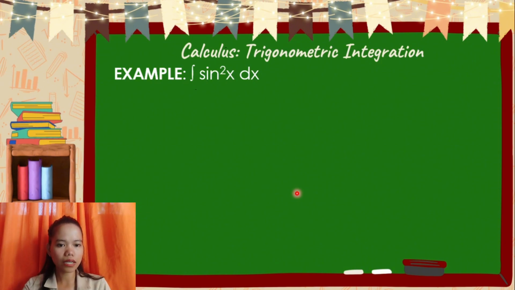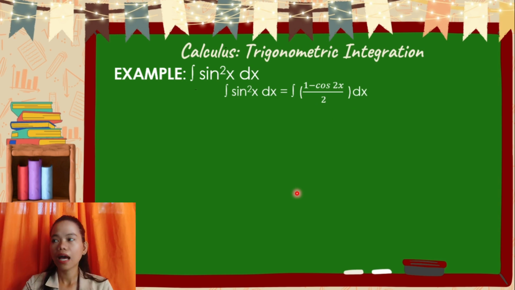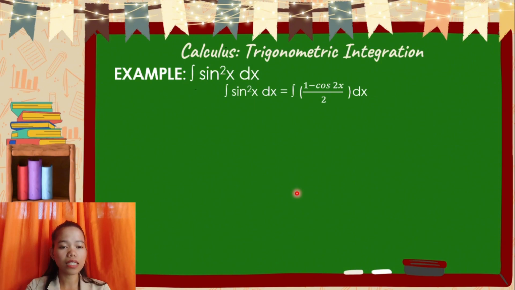As you can see here, the trigonometric function has a power of 2. So we can apply case number 3. What we're going to apply here is the half angle identity. So the integral of sine squared of x dx equals the integral of the half angle identity for sine squared of x, which is 1 minus cosine 2x all over 2 dx.